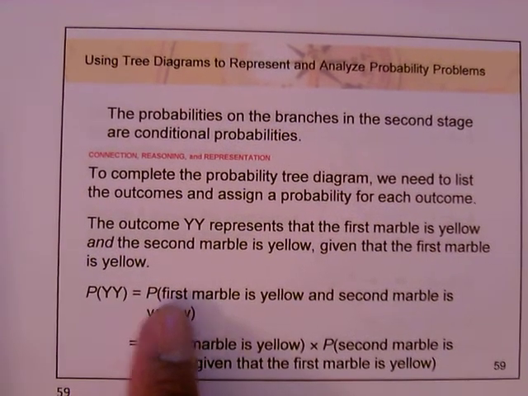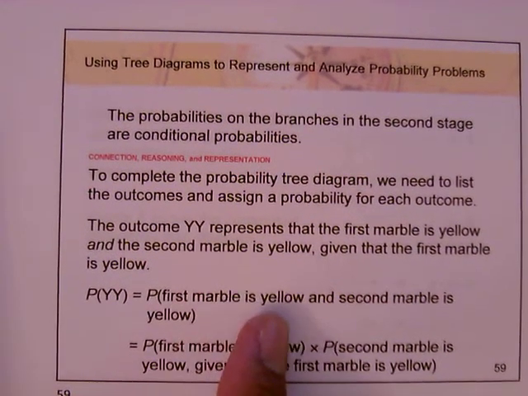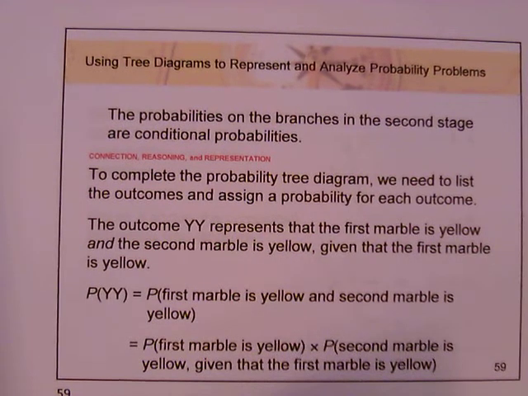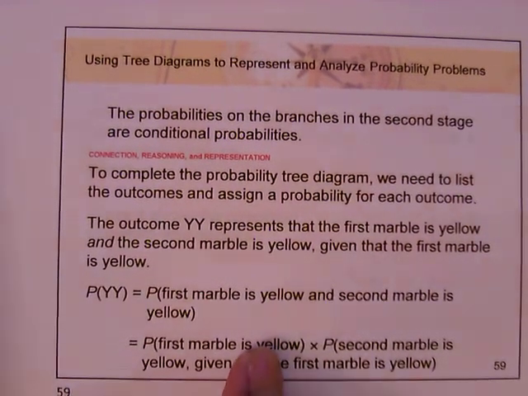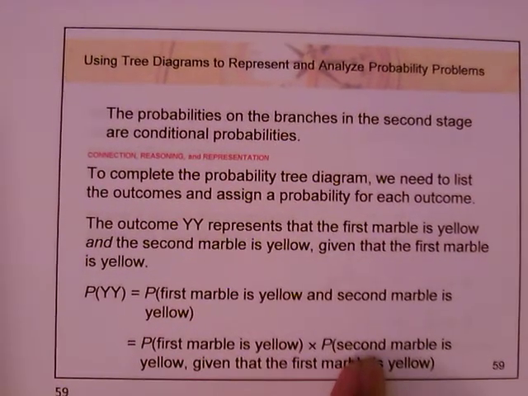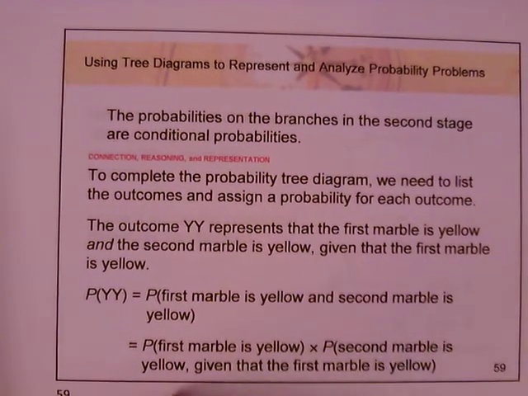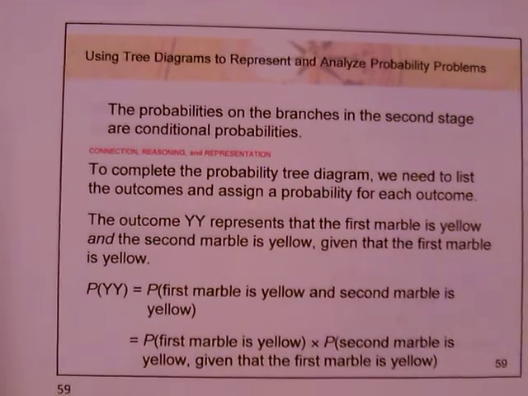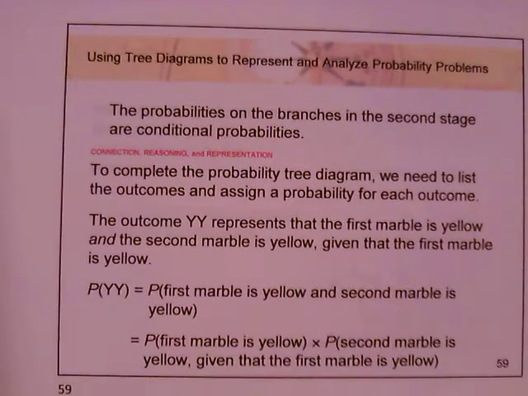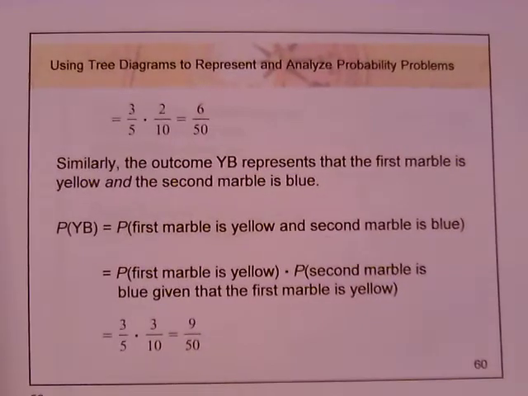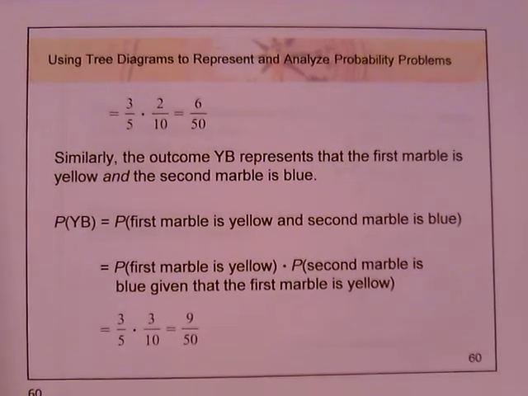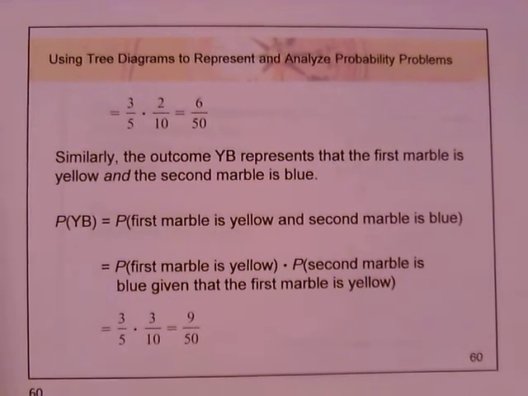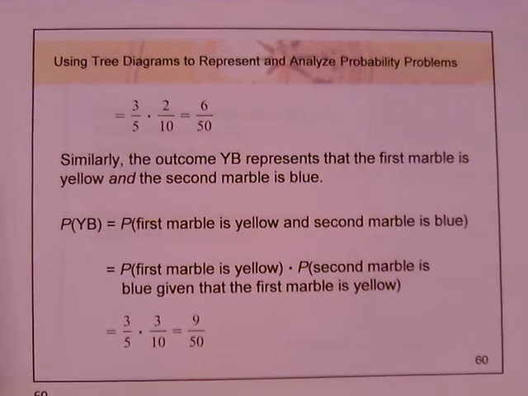The probability that the first marble is yellow and the second marble is yellow will be the probability that the first marble is yellow multiplied by the probability of a second marble being yellow, given that the first marble is yellow. And that would be, in this case, 3/5 times 2/10, which would be 6/50, or in this case, 12% if you were to convert that to a percent.